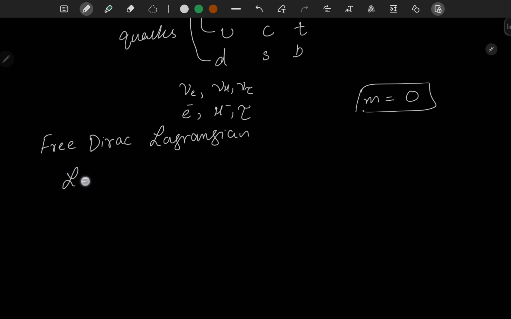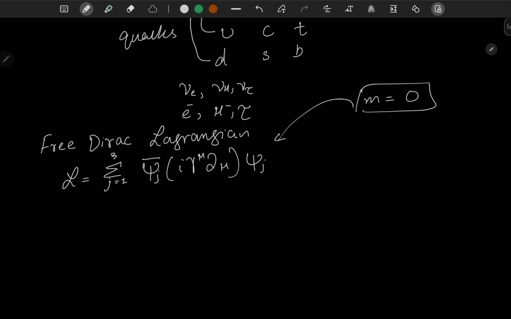Here we go. L is equal to the sum over j from 1 to 3 of psi j bar i gamma mu d mu psi j. I'm tempted to write m here, but remember, no mass, because we considered the fermionic mass equal to 0.